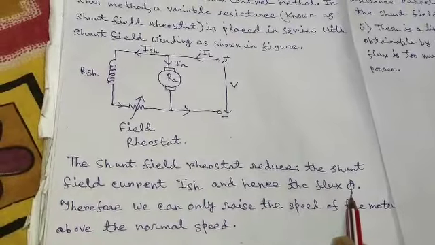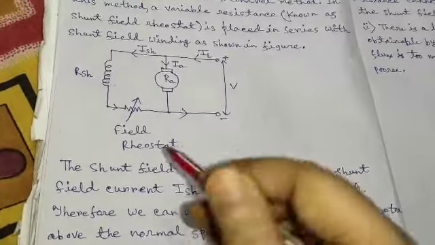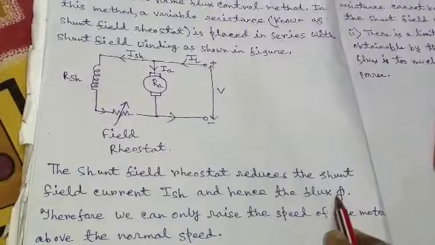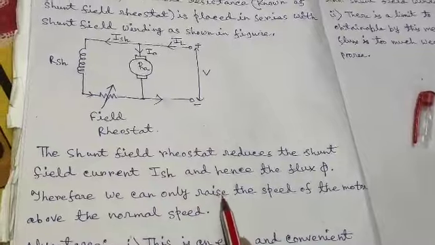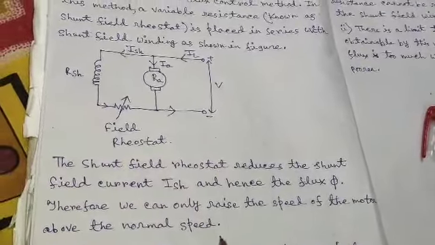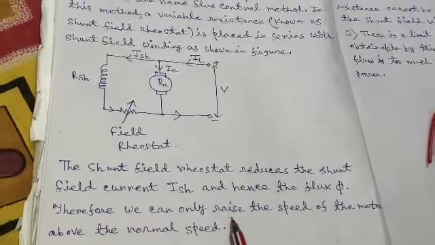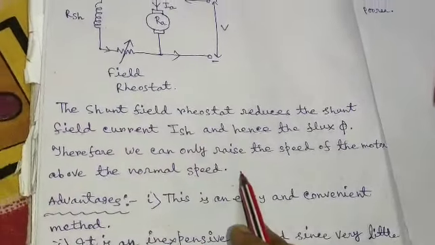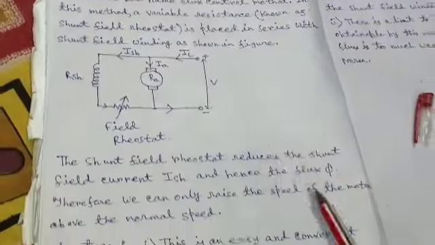So we can only raise the speed of the motor above the normal speed. We can use this speed control method where we need to increase the speed of the motor only above the normal speed. This is the basic of the flux control method.